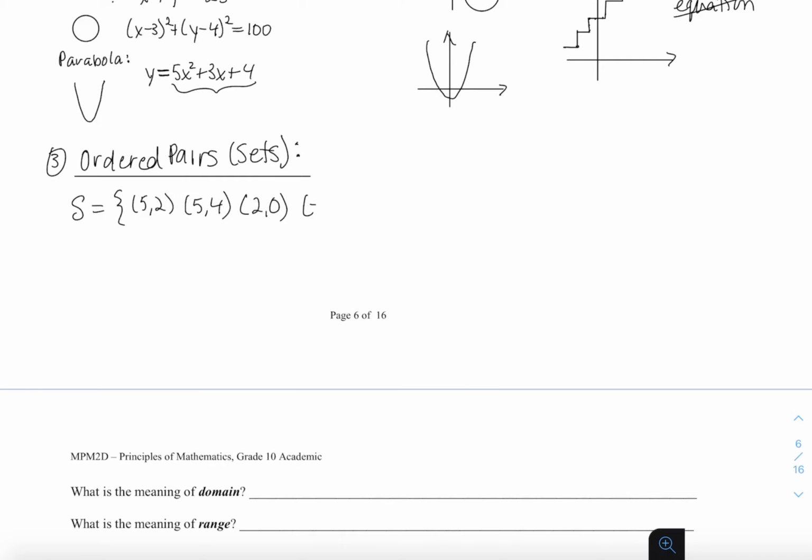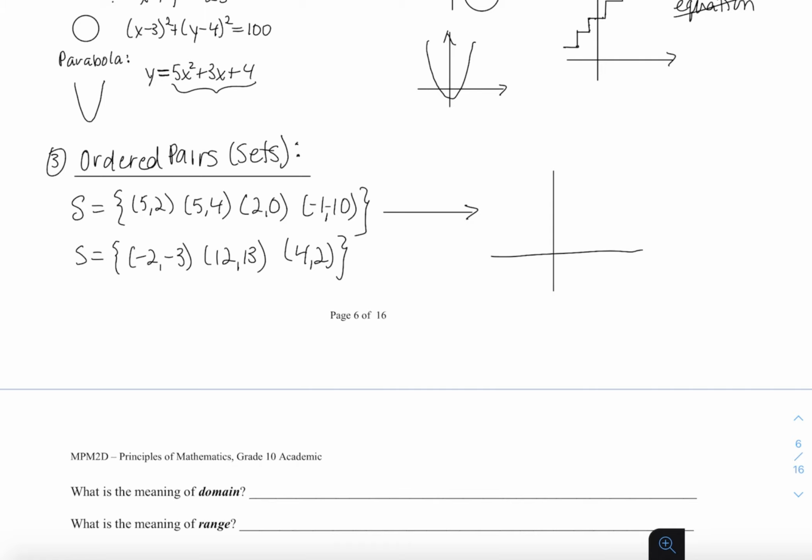But I can give you a whole bunch of disjointed random points. So if I want really random points, I can just basically take all my favorite xy values and associate them together in coordinates. Okay, and we can see that if we want to, we can graph these, but we definitely cannot write an equation to plot these.